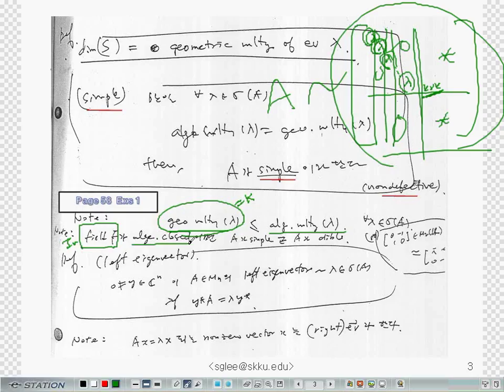In particular, in a field F, if the field is algebraically closed, then A is simple if and only if A is diagonalizable. If and only if condition. But if this field is not algebraically closed, it may not be true. This is an example. This is similar to this matrix, which is in the set of 2 by 2 complex matrices.